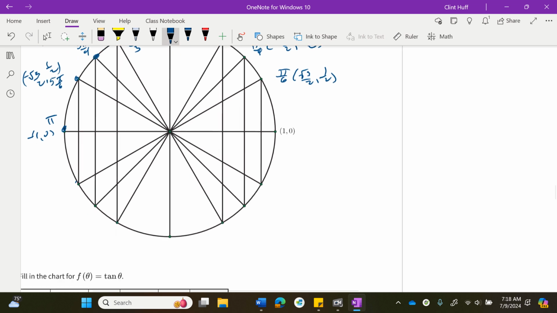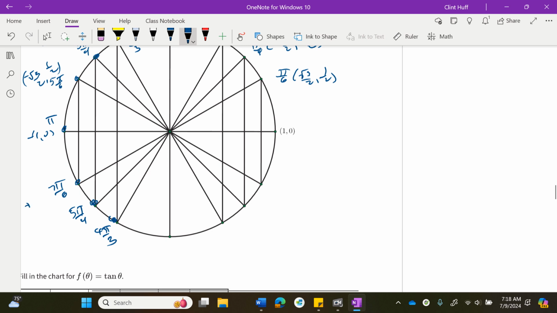These next 3 points all reference back to quadrant number 1. This is 7 pi over 6, this is 5 pi over 4, and this is 4 pi over 3. We'll get to that in a second. This one will share the same values as pi over 6, except both negative.